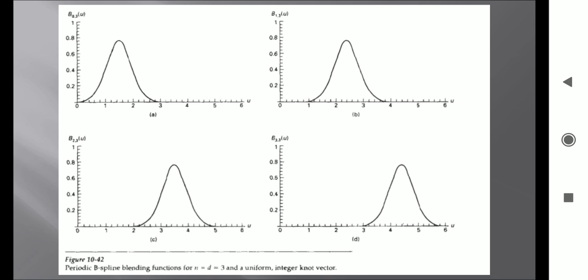Now the third graph, it starts from 2 on the x-axis, goes up again to 0.8 on the y-axis and comes to the fifth coordinate unit on the x-axis. The fourth graph starts from the third coordinate unit on the x-axis, goes up to 0.8 on the y-axis and ends at the sixth coordinate unit on the x-axis.